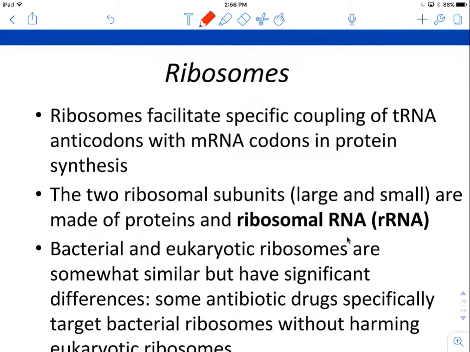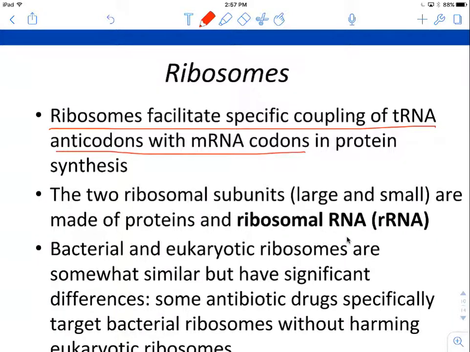Now we're going to look at our ribosomes. Ribosomes are this big, giant complex of a lot of proteins, most of which are enzymes, and ribosomal RNA. Okay, so ribosomes, site of protein synthesis, site of translation, they facilitate the tRNA anticodons coupling with the mRNA codons.